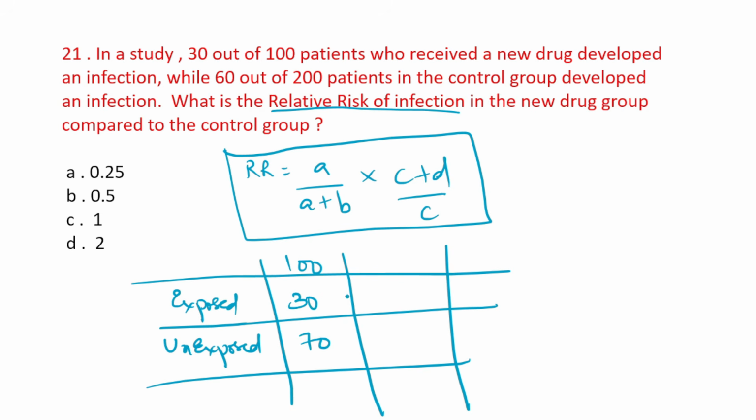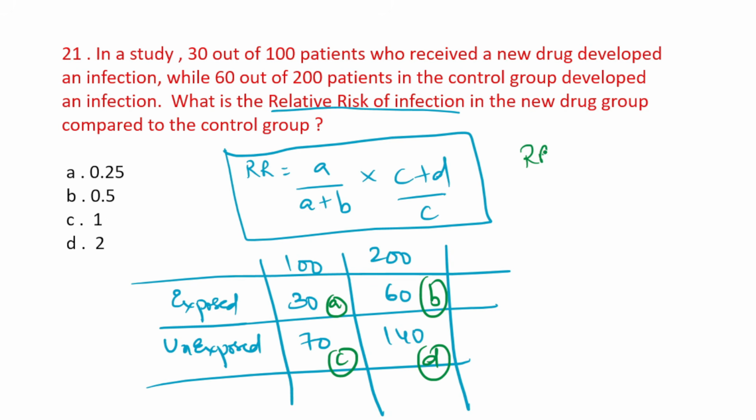Unexposed are 70. Then controls, 200 in the control group, out of which 60 are exposed, and 140 are unexposed. Then next, we will substitute all the numbers. So this is A, this is B, and then this is C. Finally, this is D. Now we will put all the numbers.